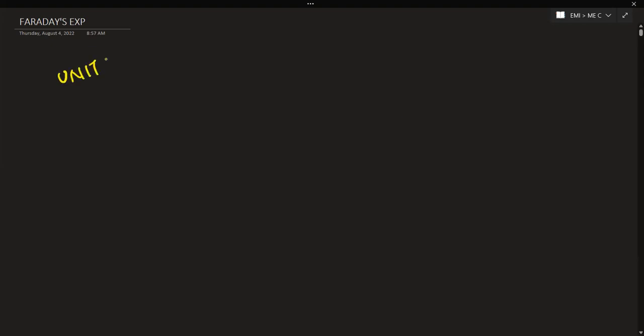Your unit 4 has EMI and AC. The weightage of EMI and AC together is approximately 8 to 10 marks. EMI and AC are different chapters.